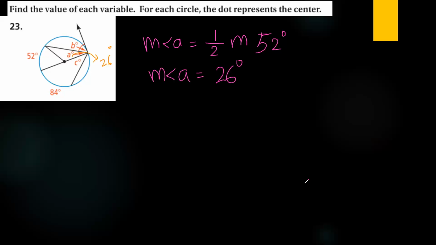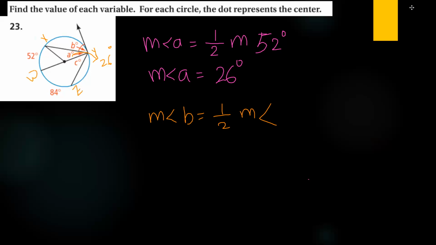Now let's go to find the measure of angle B. It is half the measure of its intercepted arc, which is this one here. It is what complements 52 to 180.